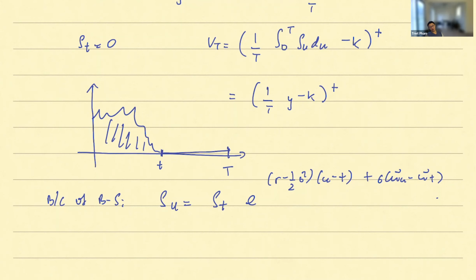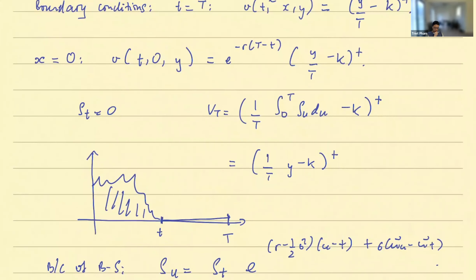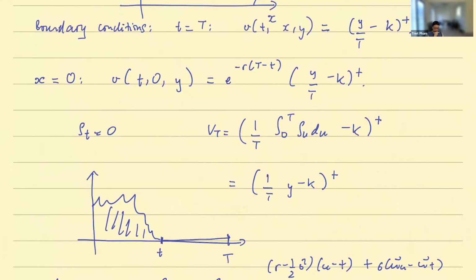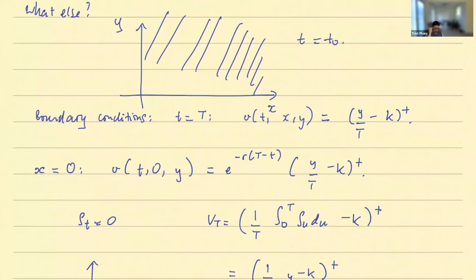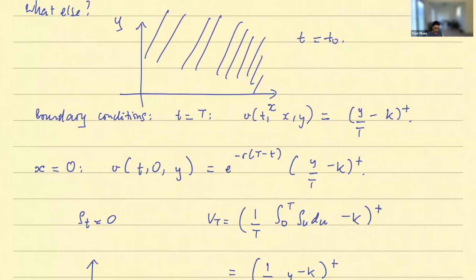Does that make sense? All right. So what else? That's the X boundary condition, right? So which is this part. What else do we need?